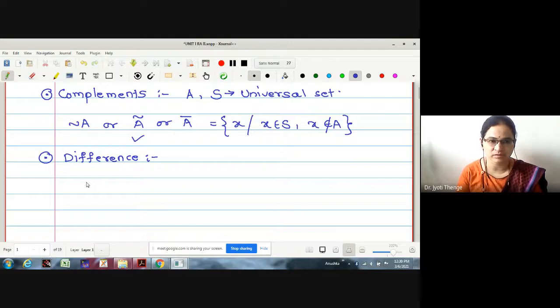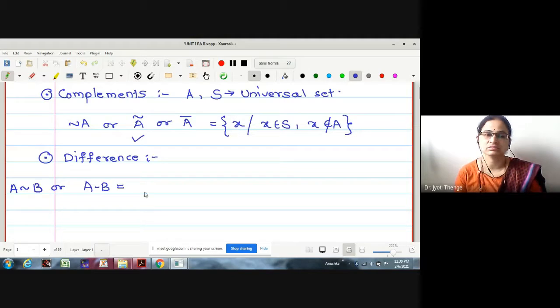Next, how can I write the difference? A minus B. The notation in some books is also with a tilde. Which elements are there in this? The elements in A which are not in B. Correct?